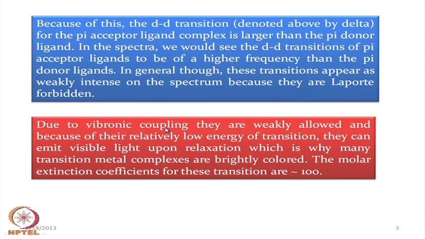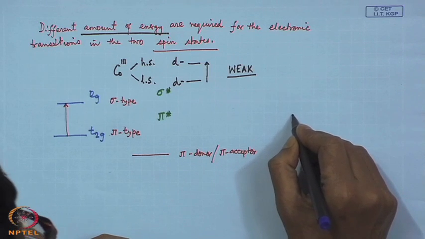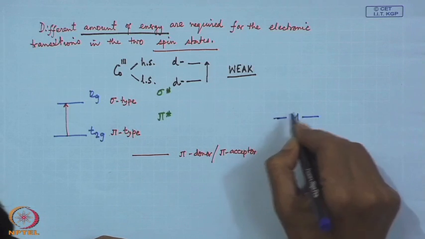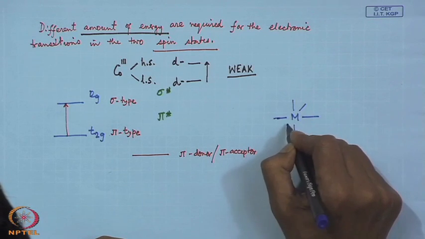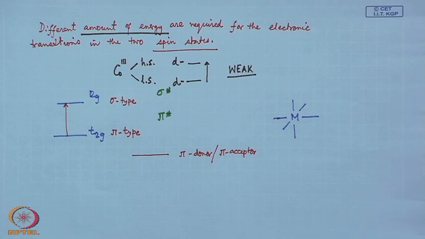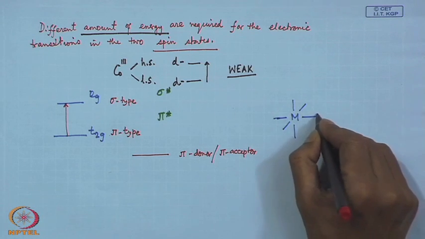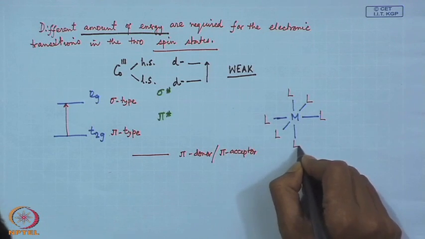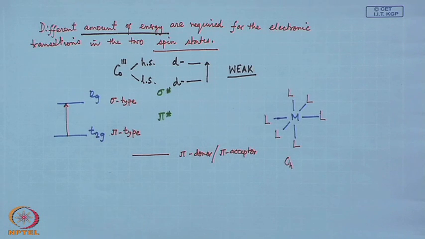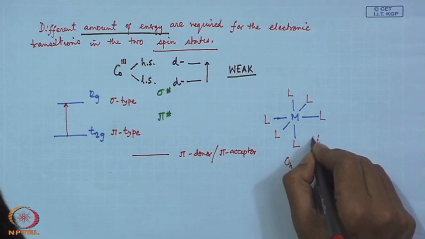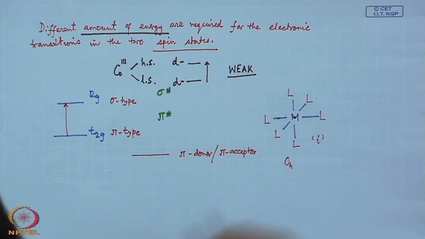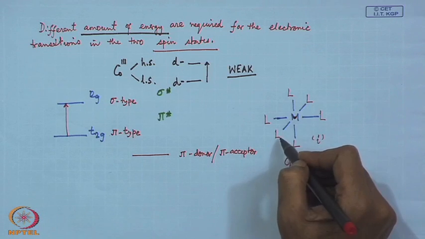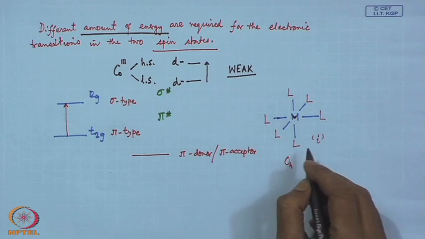Vibronic coupling is like this: if we have a metal center where 6 ligands are attached to the metal center, and it is in octahedral symmetry, we have a center of inversion located at the metal ion, through which we can interchange the ligands L1 to L2, or L3 to L4, and so on.